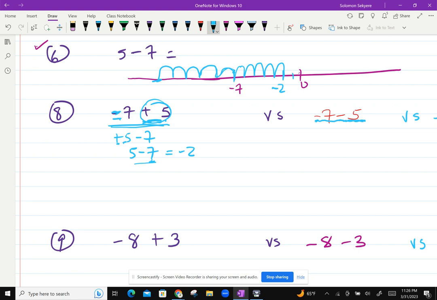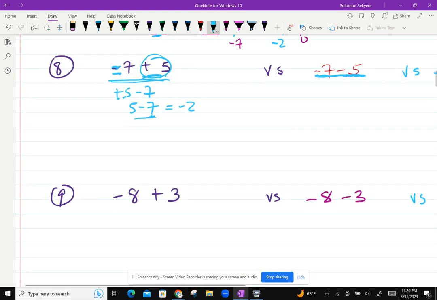Okay, so you know the difference between negative 7 plus 5 and negative 7 minus 5. It's a negative number, and you have 2.